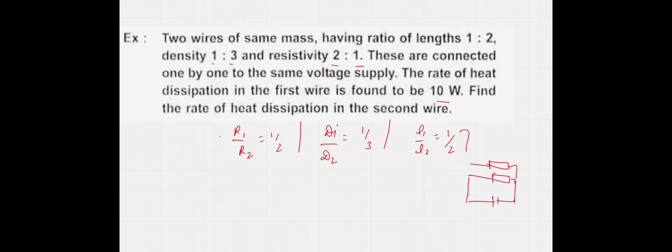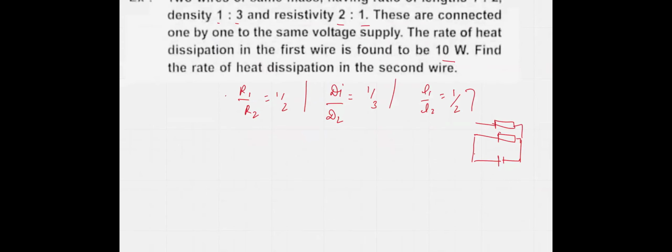Is that clear? Heat dissipation you can call energy, so the rate of energy is power. Basically they are asking about the power. The power of the first is given as 10 watt, which equals V square by R1.